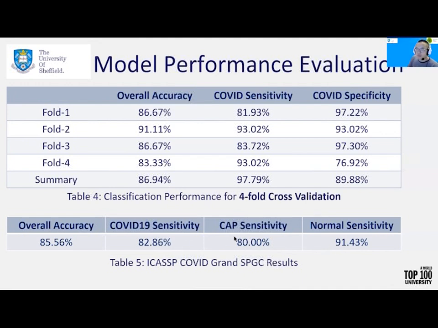And the second table is the final testing results for the competition. Our team ranked number 4 for the final trial with an overall accuracy of 85%. Since the organizer did not release label information, we are not able to calculate the whole metrics.